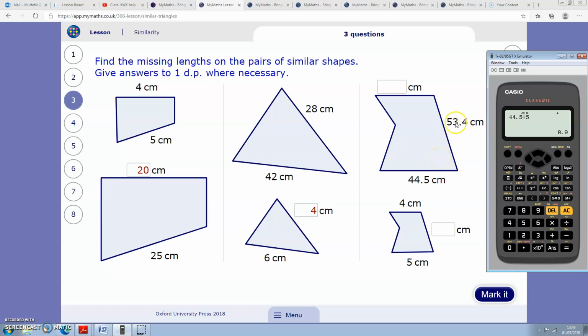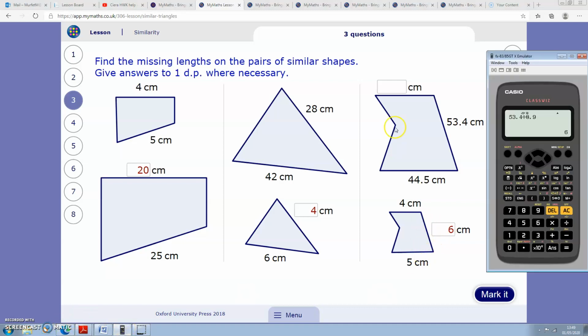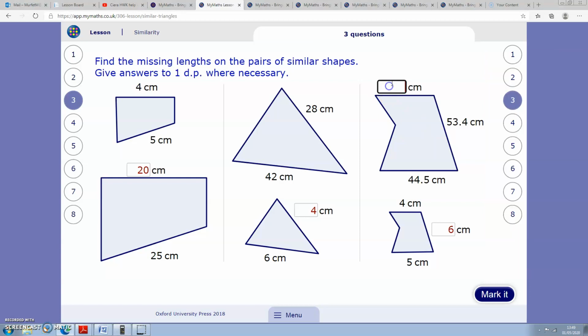So I'm going to do 53.4 divide by 8.9. So this one's going to be 6. And then this one here, 4 times by 8.9. So my answer is going to be 35.6.